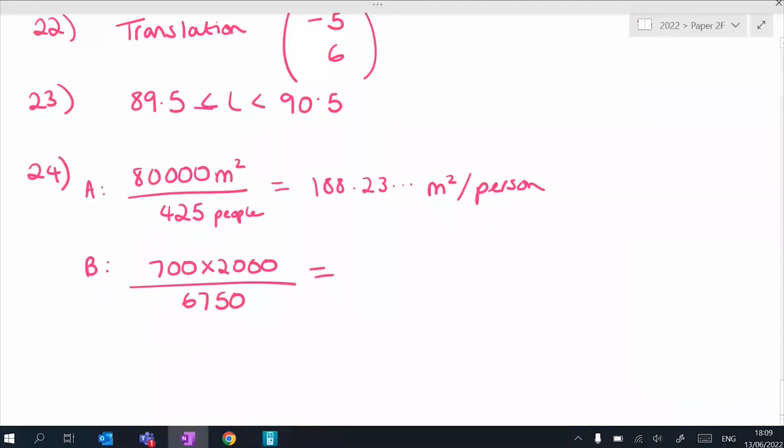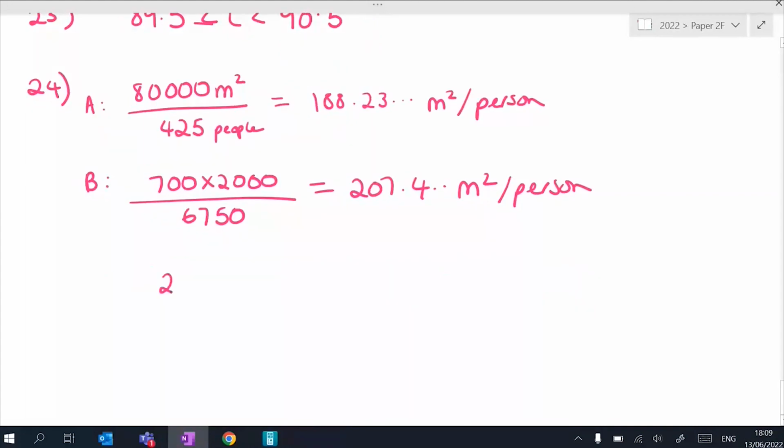So for this one, I've got 207.4 meters squared per person. Okay, so how much greater? Obviously, you want to take those away.